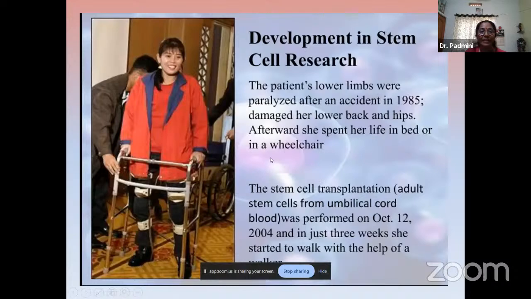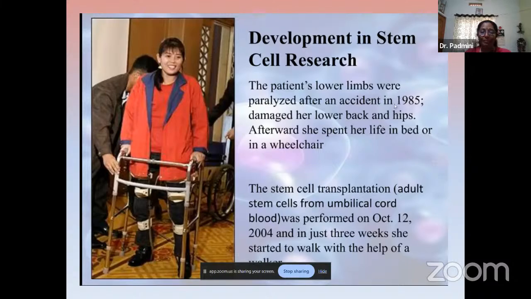And yes, if you can see in this picture, this is the development in the stem cell research. This was taken in 2004, but the patient here had her lower limbs paralyzed after an accident in 1985, and she had to completely use either a wheelchair or a bed; she was not able to get up and walk on her own.